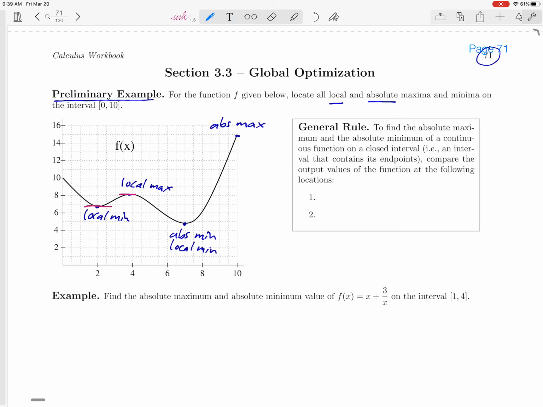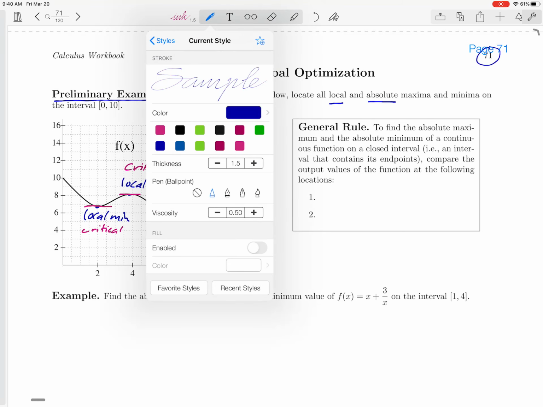So a critical point, again, is a place where the slope is 0, and you might notice that there are 3 places like that if you draw in tangent lines. We've got critical points at x equals 2, it looks like, then again here, at x equals, I don't know, maybe 3.7 or 3.8, and then one last one at x equals 7 here.